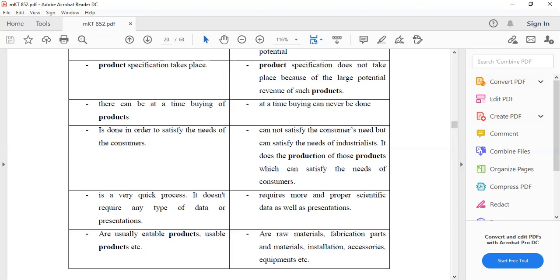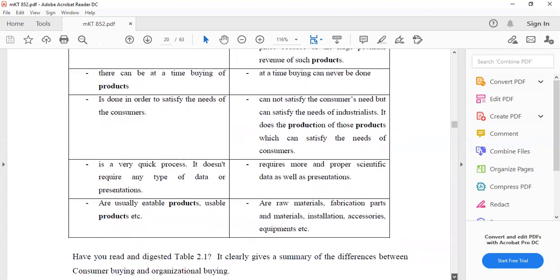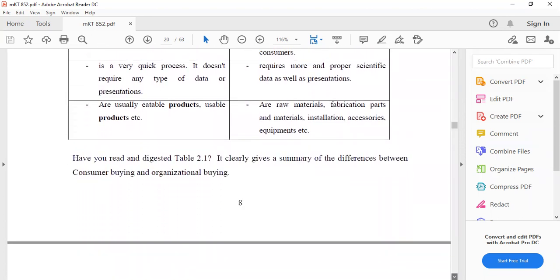So, also other aspects like installations, equipment, and other things. We can further provide a summary in relation to organizational buying, and that summary might bring our lectures to an end.